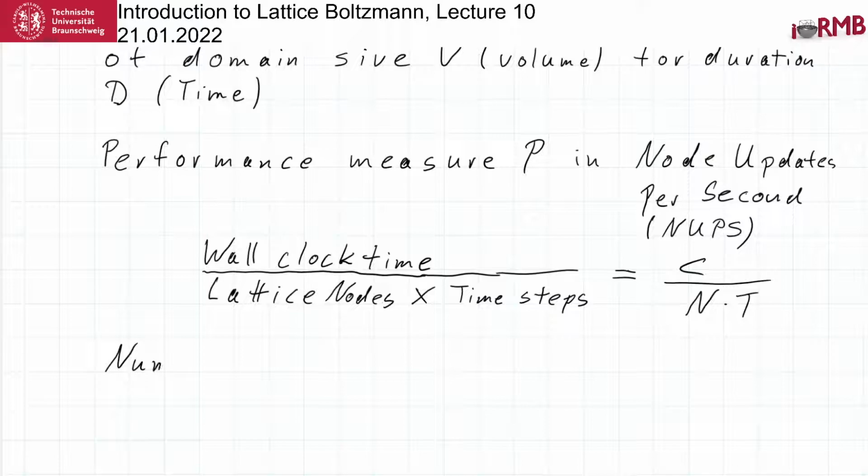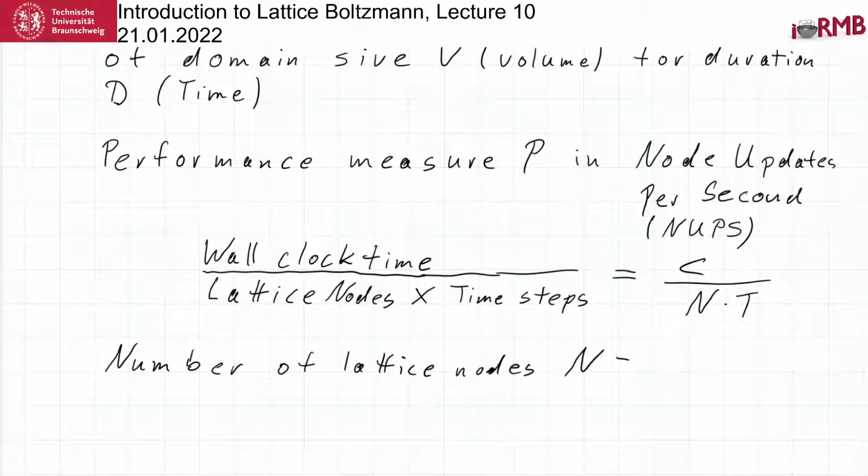And here we use these variables: the number of lattice nodes n, this is the volume that we have to deal with divided by the grid spacing cubed. So we are assuming a three-dimensional simulation in this case here.